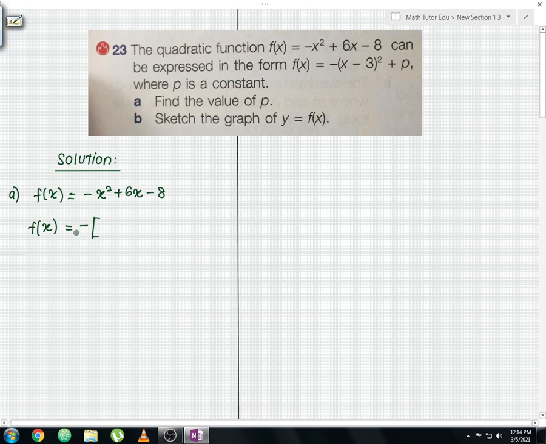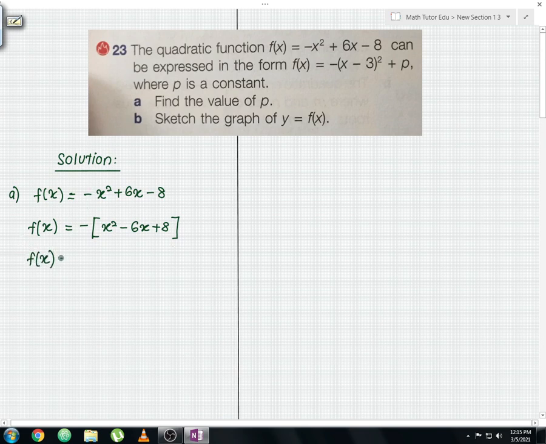It is understood, guys, if you write only negative, or you can also write negative 1, it is up to you. So you factor out the negative 1, and from here you get x squared minus 6x plus 8, close bracket. So let us proceed to the next step.